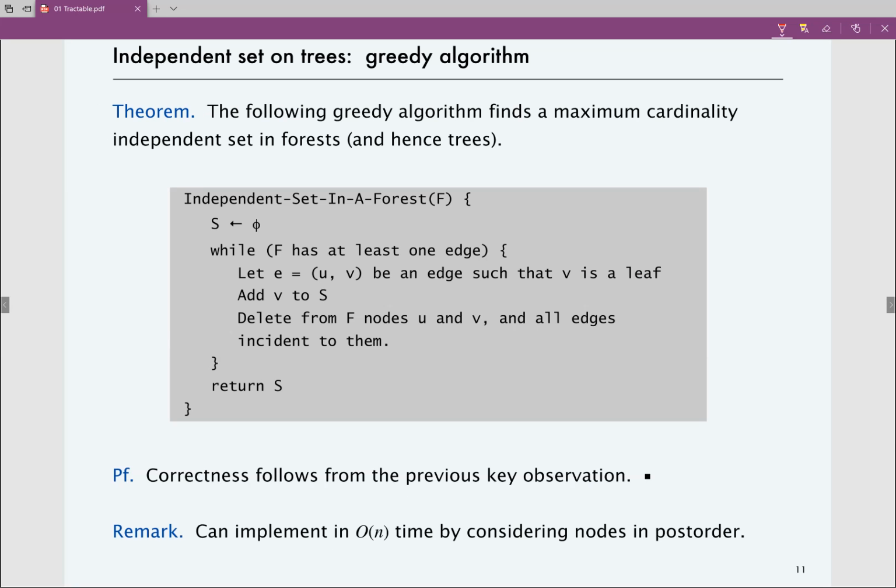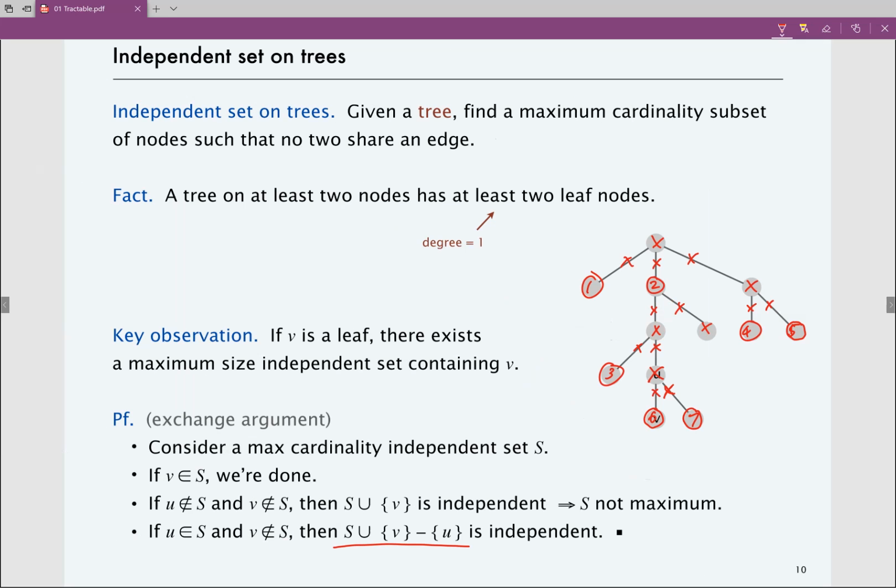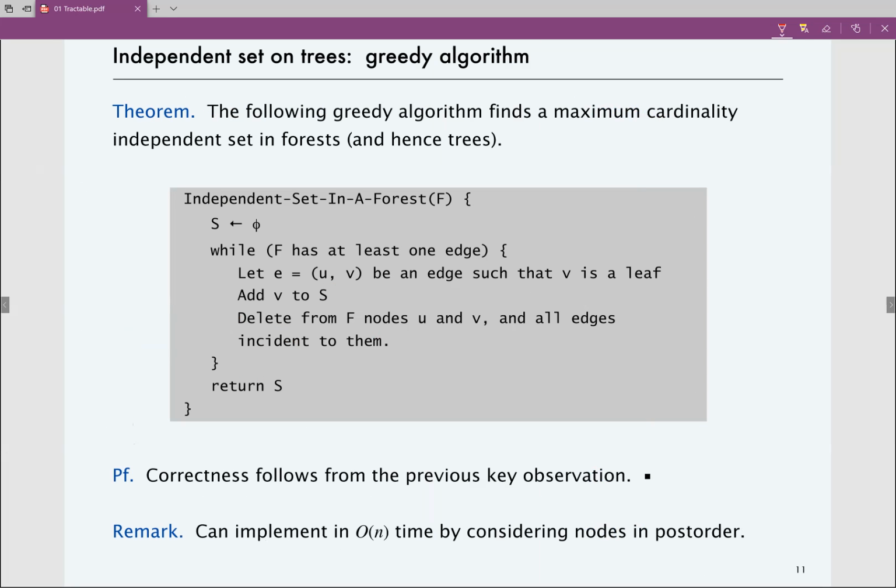Now this is a correct algorithm, and that's simply based on the observation here that whenever you have a leaf, you should include it in your independent set. Also, this algorithm can be implemented efficiently if you consider nodes in post order.